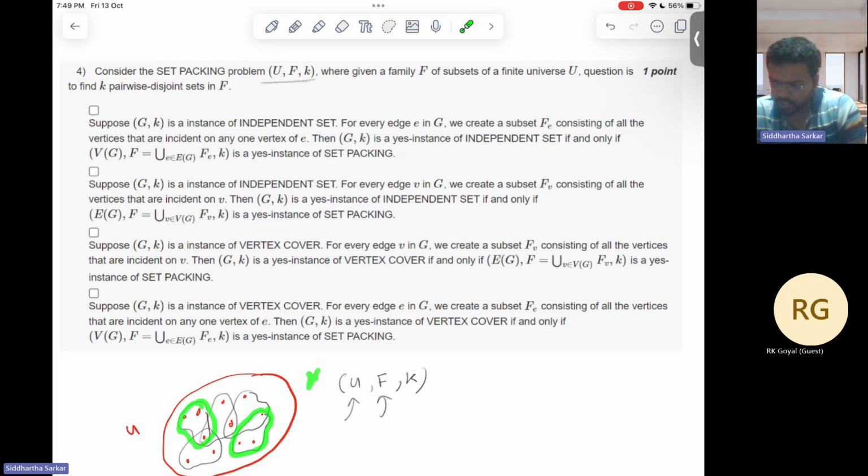So if the value of k is 2, then it is a yes instance, that yes, there are two pairwise disjoint sets in it. So that is the set packing question: given a universe and a family F of subsets of the universe, does there exist k pairwise disjoint sets in the family? How many sets can be packed disjointly? That is the question, set packing.